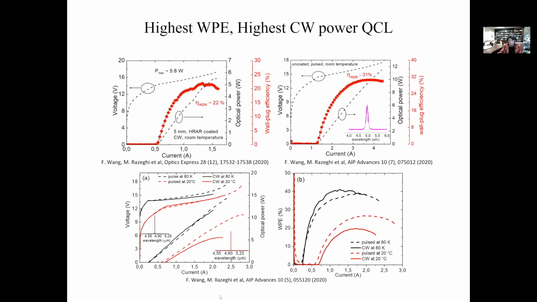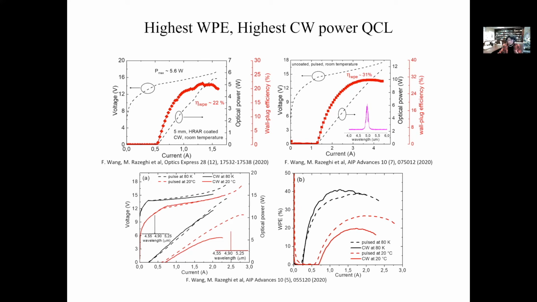Again, the 4 papers that you can see, all published this year, came out, and we came up with a wall plug efficiency of 31% in pulse, 22% in continuous wave, and at the same time 5.6 watts. Something that is very important.